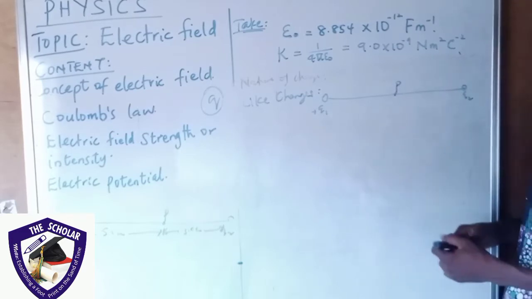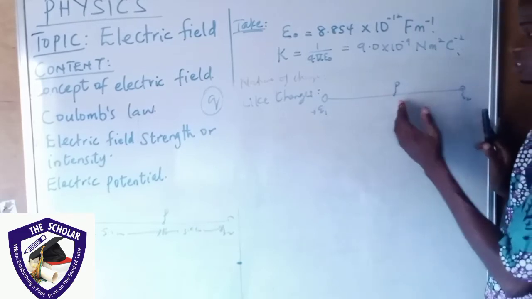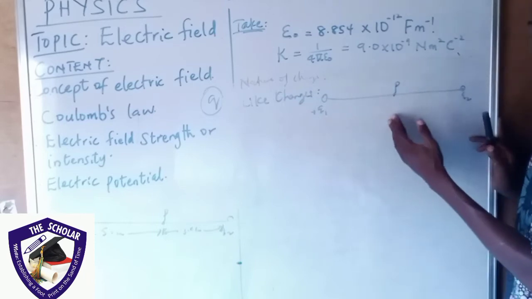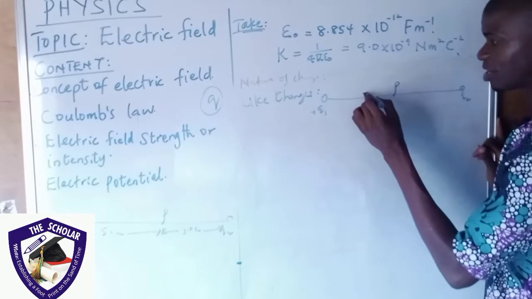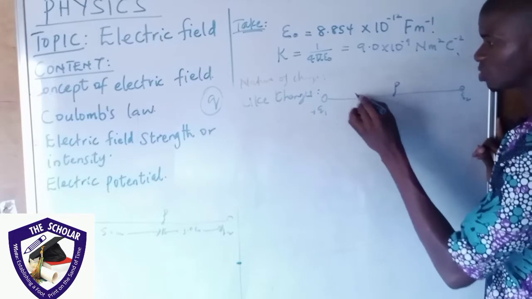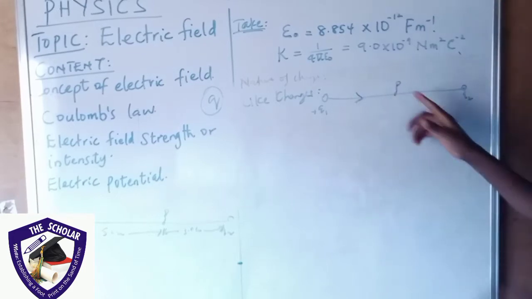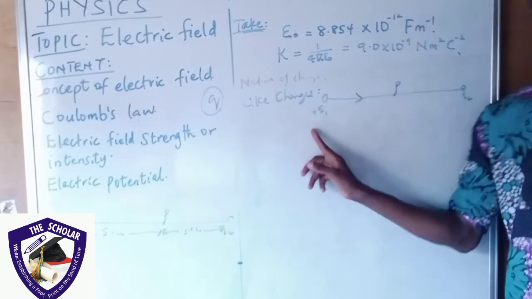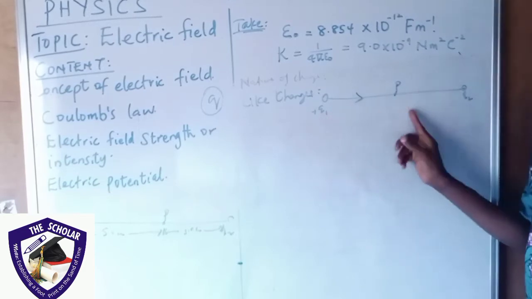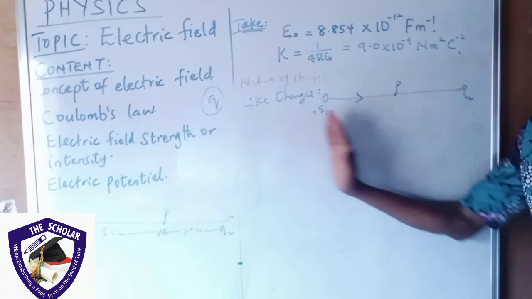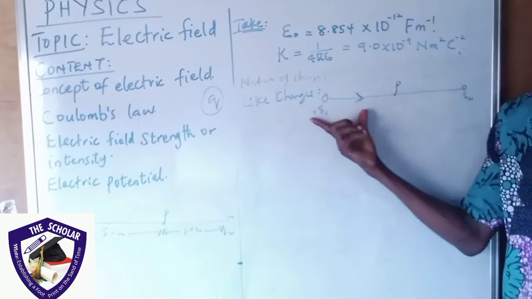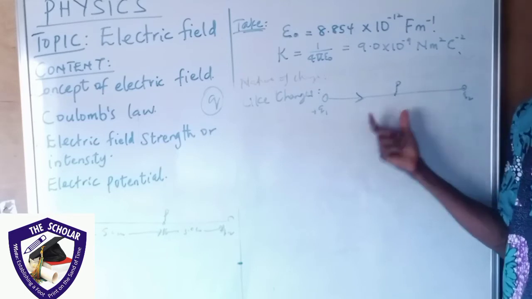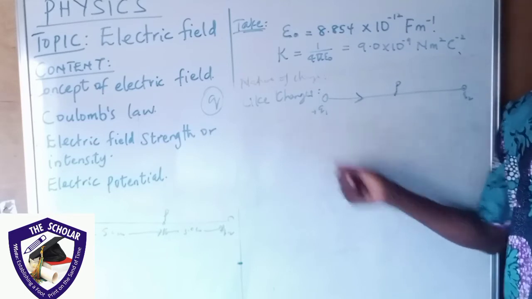So as a result, it means that our P will be moving away from charge Q1. The Q1 will push the P away, because if we take P as neutral, then it is going to be repelled by this.